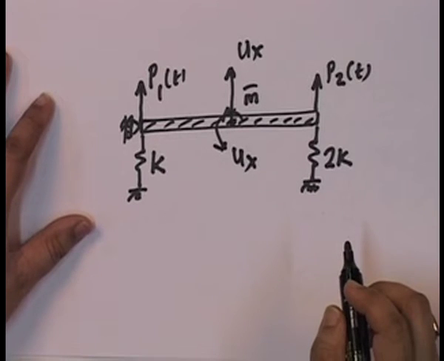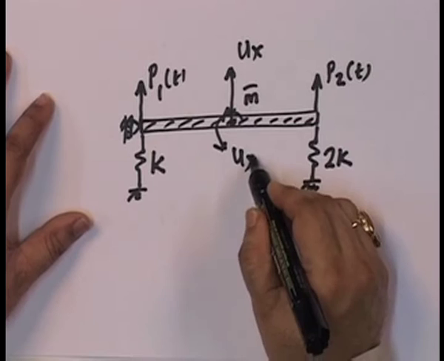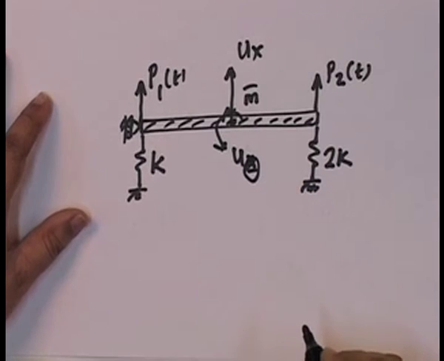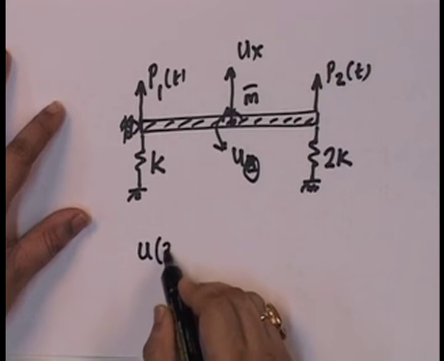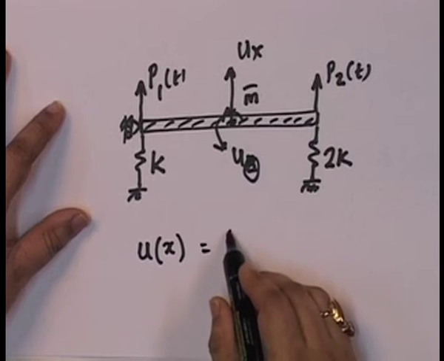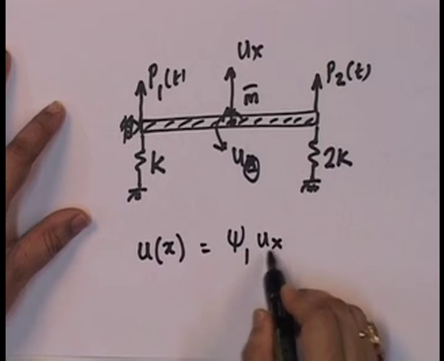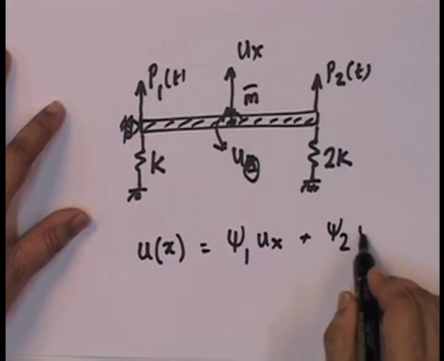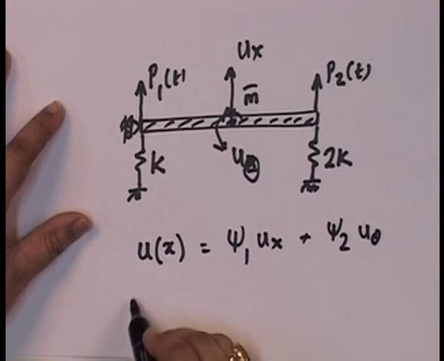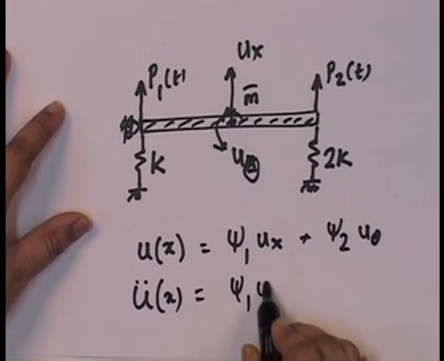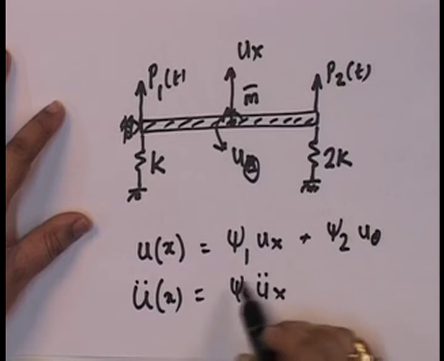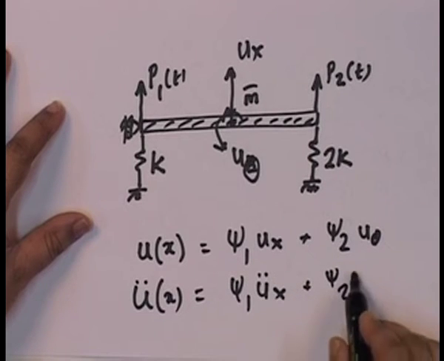And so then, if those are my u x and u theta, then any arbitrary displacement at any particular point can be written as xi 1 u x plus xi 2 u theta, and similarly the velocity and acceleration, since the shape functions xi are not functions of time.